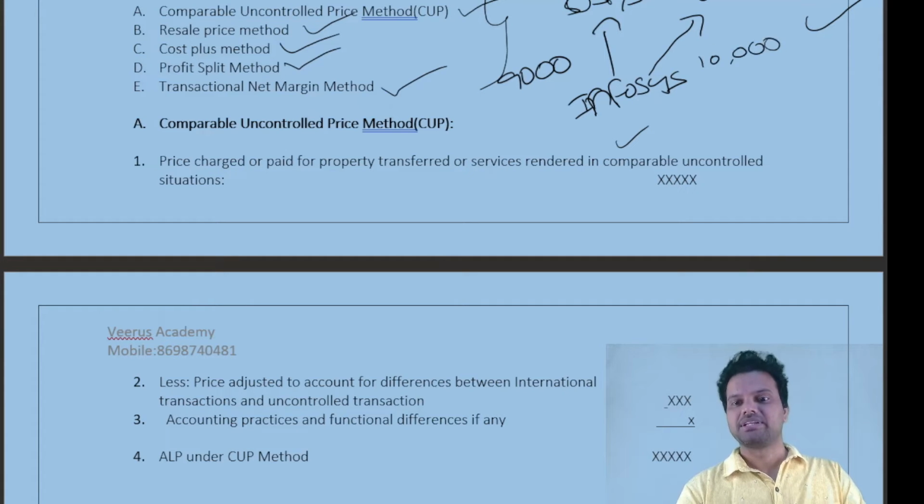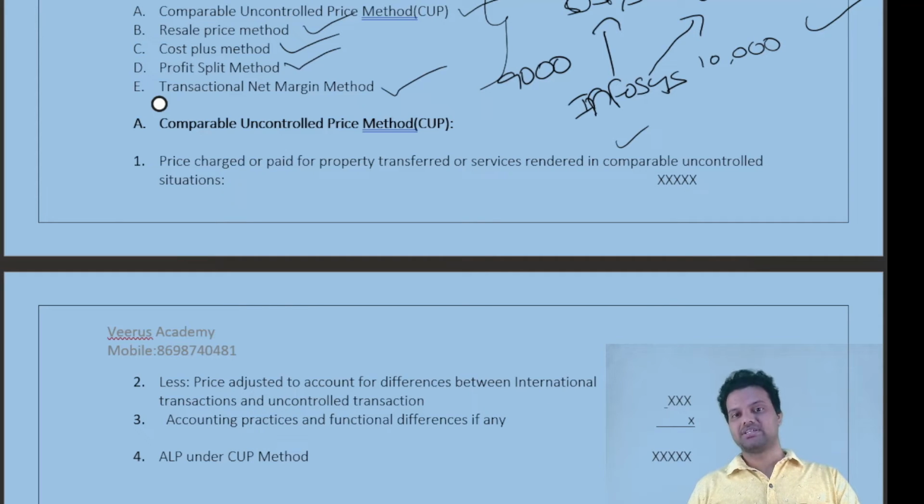This is an internal CUP, internal comparable uncontrolled price. In this case, Infosys itself is selling to the unrelated party at 10,000, but to the related party it is 9,000. Then 10,000 will be the arm's length price, and 1,000 will be the income that is added back to the Infosys total income.